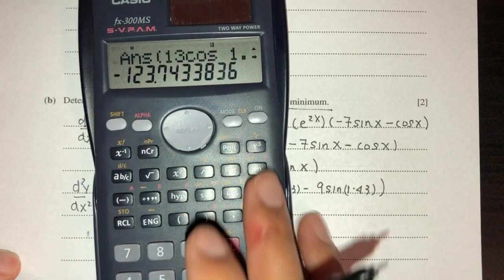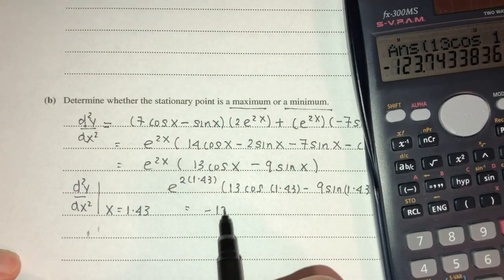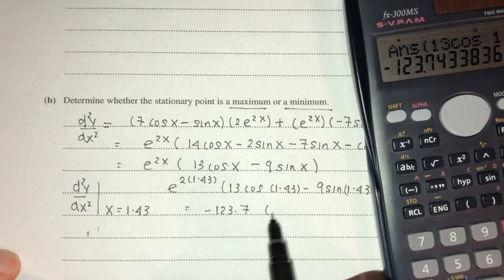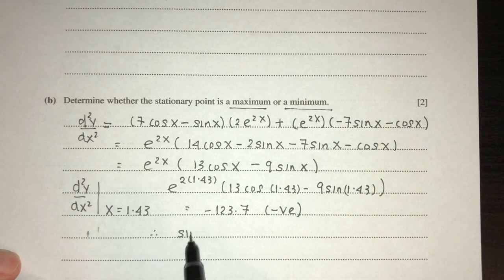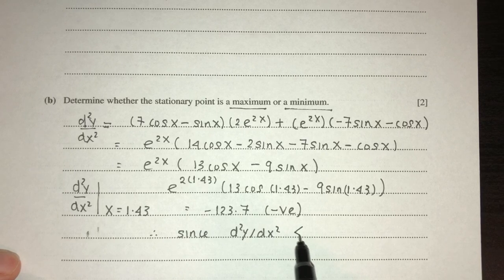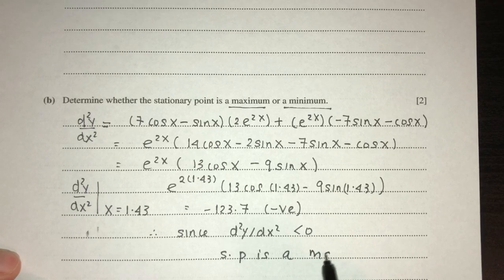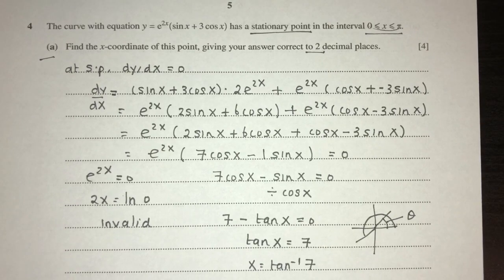That should be minus 123.7, which is a negative value. So you can say since d2y by dx2 is negative, the point is a maximum point. Okay, that will be your answer for part B, and that is your question number 4.